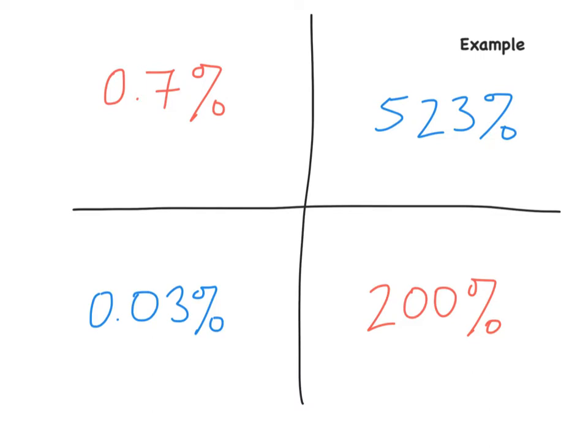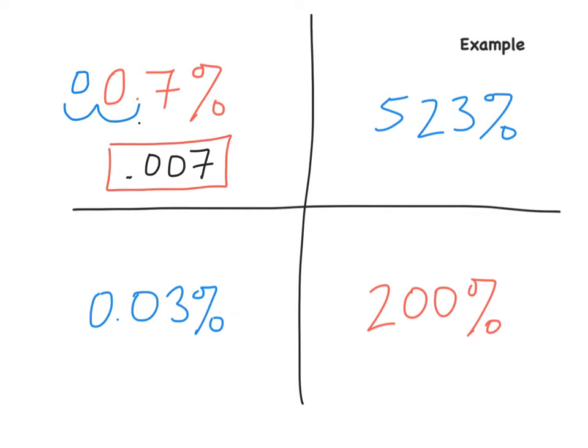So if we have 0.7%, all we would have to do is move the decimal point, which is right here, 2 places to the left. 1, 2, and we still have to add in that 0 right there. So we will have 0.007, which is read as 7 thousandths.